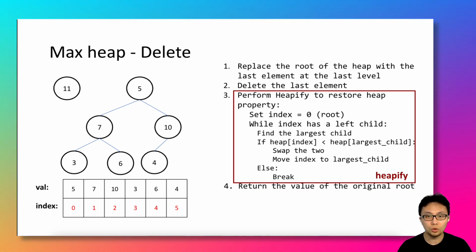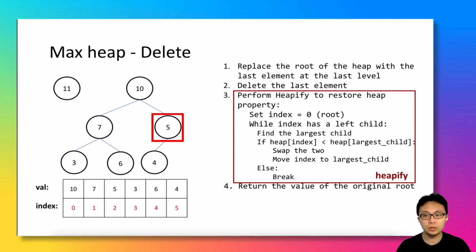The current root has a value of 5, and it has 2 children, with values 7 and 10. Both are larger than 5. 10 is the largest child, so we will swap 5 with 10, like this. After that, you will continue to focus your attention on the node of 5 and see if it is at the right place by comparing it to its largest child.